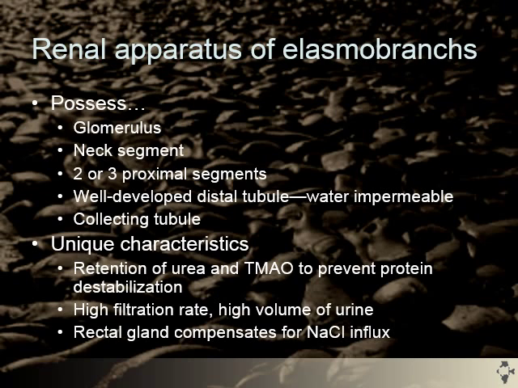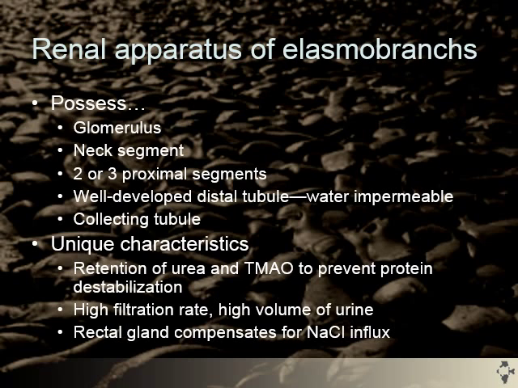Now, it says a high filtration rate and a high volume of urine. That's not entirely true in the sense that they do have a higher filtration rate than marine teleosts do, but it's not as high as freshwater fish. Keep in mind that like freshwater fish, marine elasmobranchs have a slightly higher concentration of osmolytes in their tissues relative to the environment.